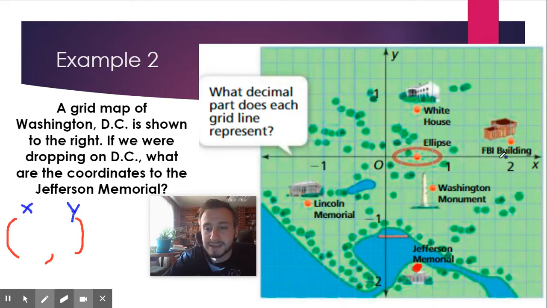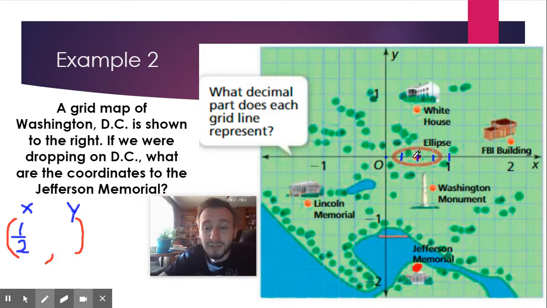Let's look at the x-axis. If this is the origin right in the middle, and right here is 1, there's a line here, and a line here, and a line here. So if this is 1 and this is 0, well, right here would be halfway, right? So our x value, since it's halfway between 0 and 1, is just 0.5, or I'm just going to write it as a fraction, which is a half.